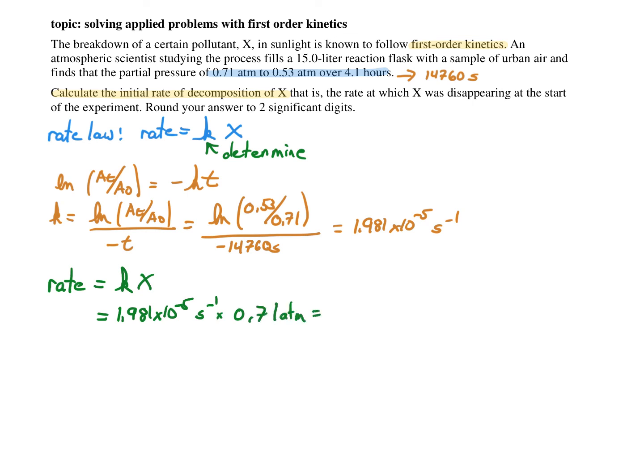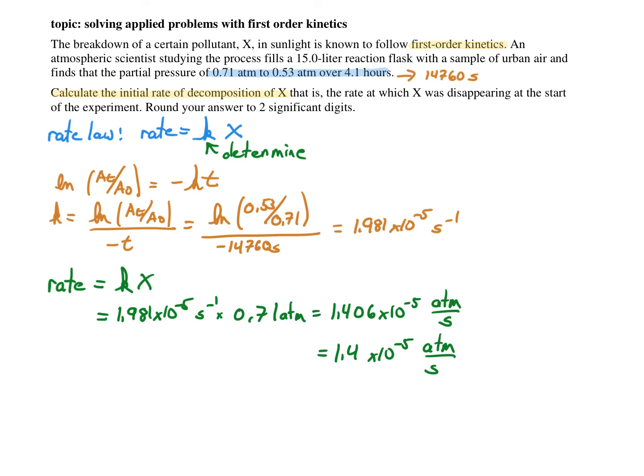So our calculation yields 1.406 times 10 to the minus 5, and units are atmospheres per second, or with two sig figs, 1.4 times 10 to the minus 5 atmospheres per second.